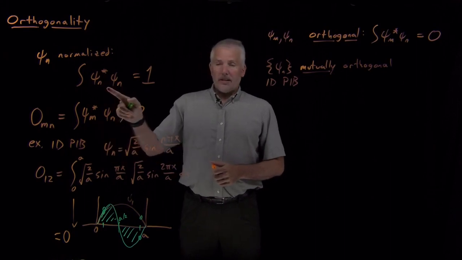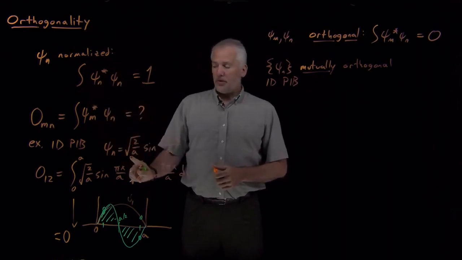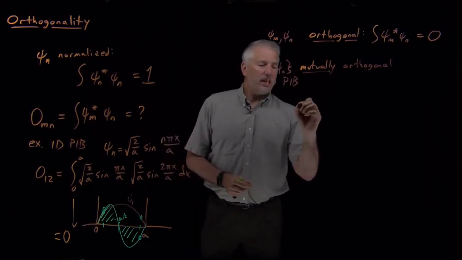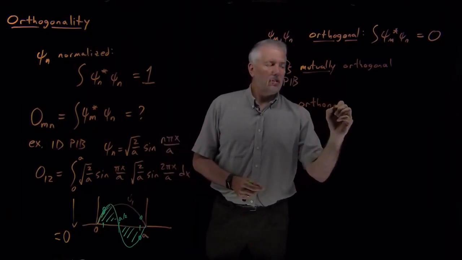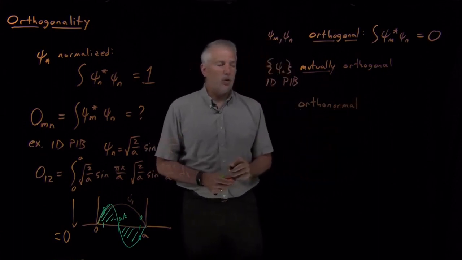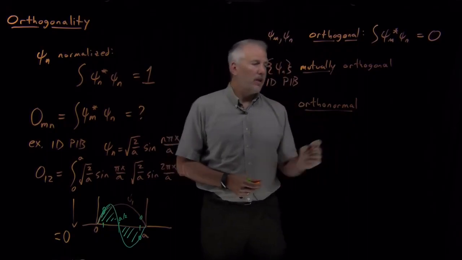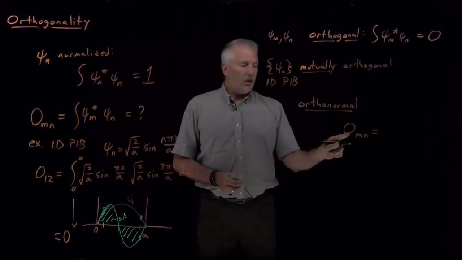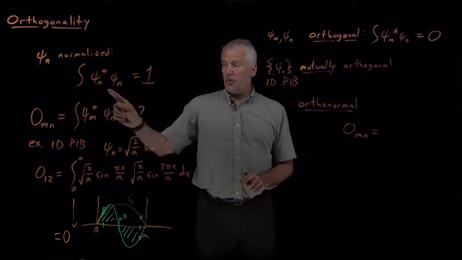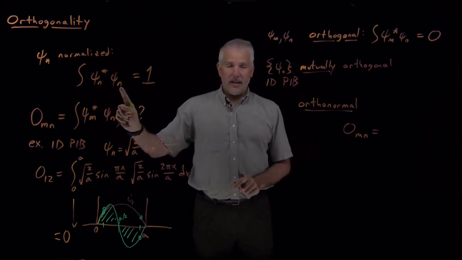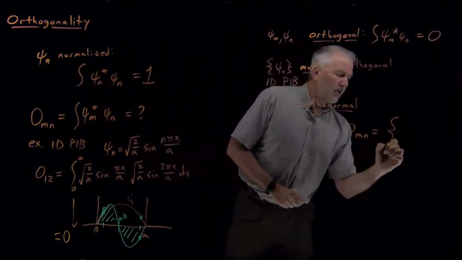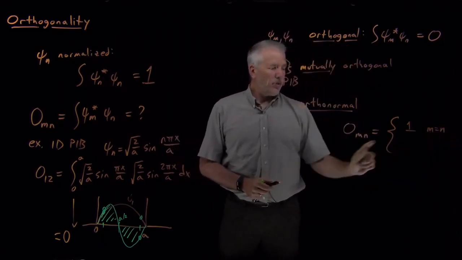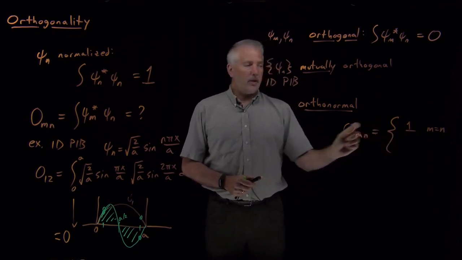Since every one of these particle in a box wave functions is normalized once we've chosen this particular coefficient down in front, and the set is mutually orthogonal, we can say that a set of vectors is orthonormal, another vocabulary word, if this quantity O sub mn, if I do that for two wave functions, when m is equal to n, when those indices are the same, then if they're normalized the integrated product is equal to 1.